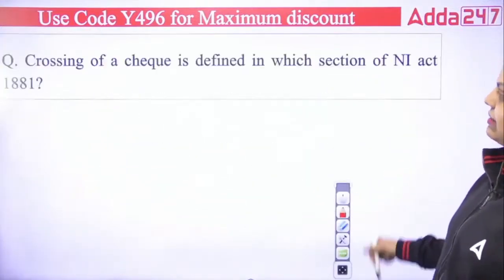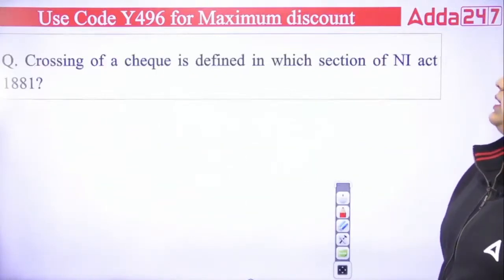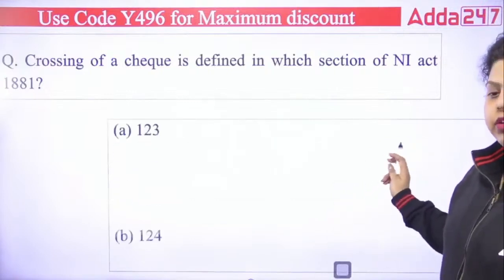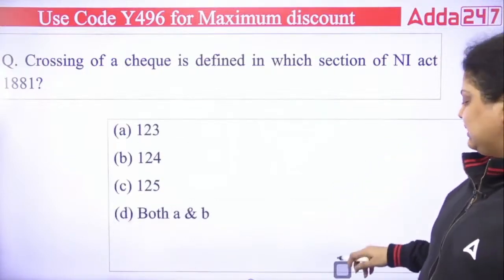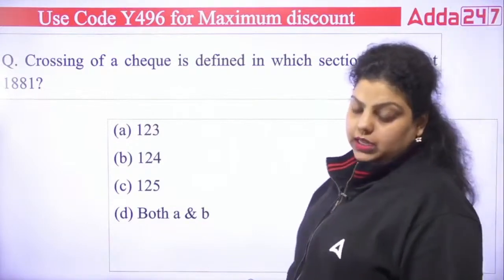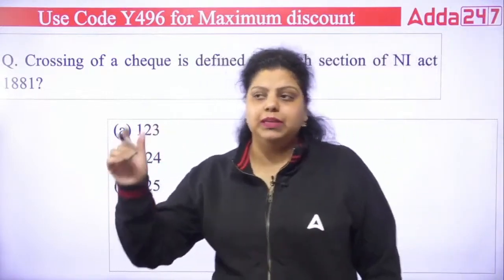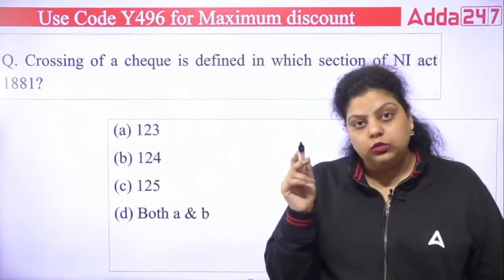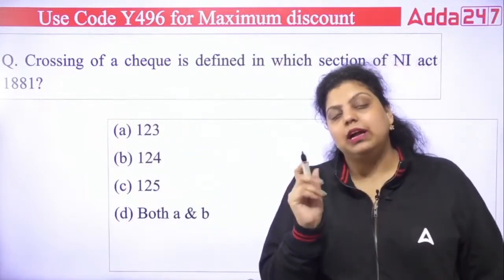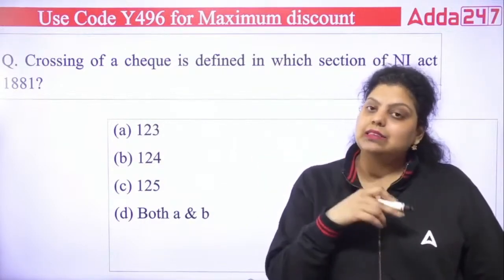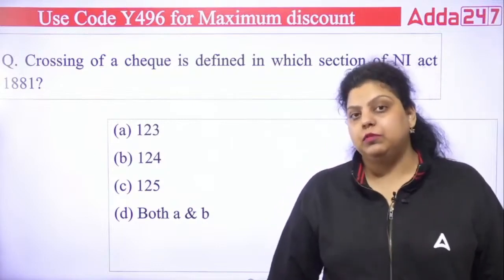Okay, next question is asking about crossing of a check is defined in which section of Negotiable Instrument Act? So there are 3 types of crossing. It has a general crossing, it has a special crossing, it has the account payee crossing as well. General crossing, simply there are 2 parallel lines. In account payee crossing, in the parallel lines, account payee will be written. In a special crossing, in the parallel lines, account payee with a particular bank name will be mentioned.